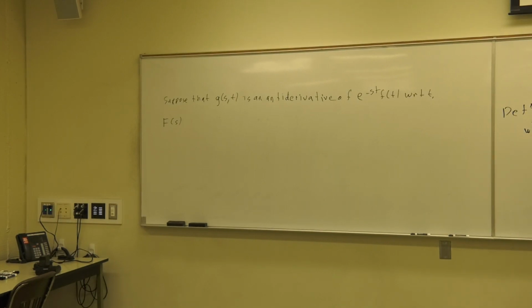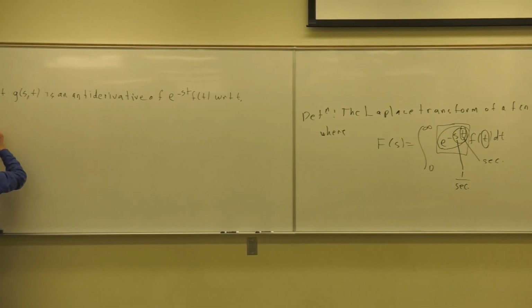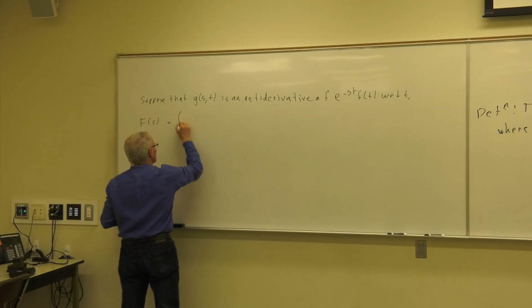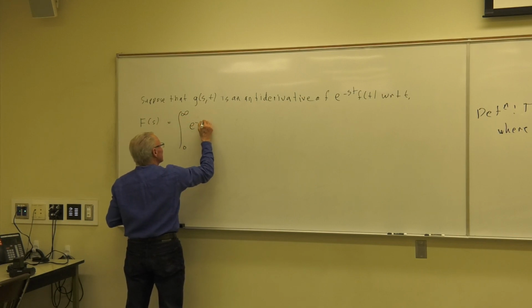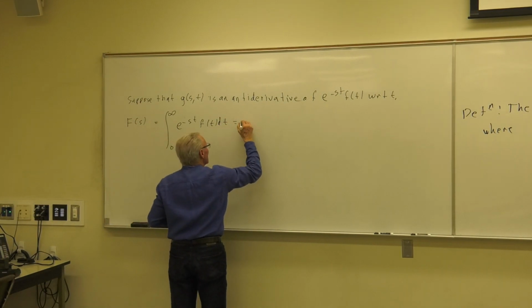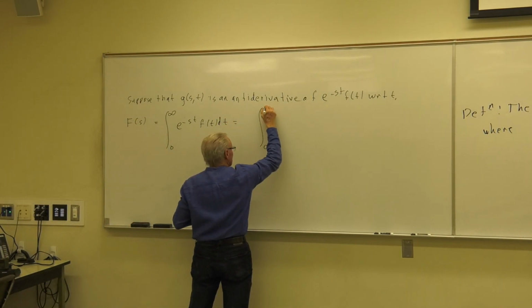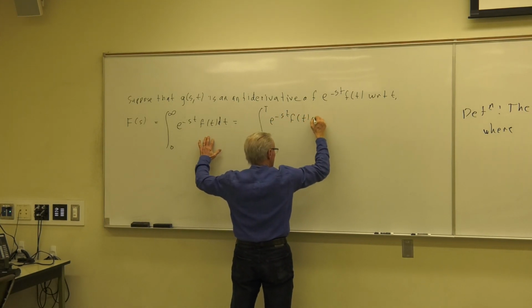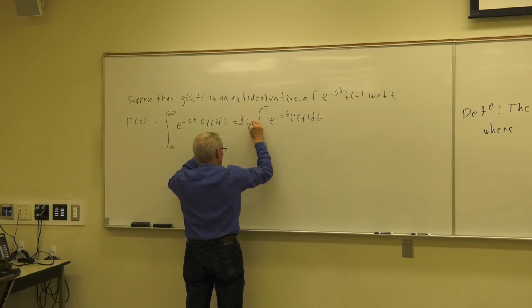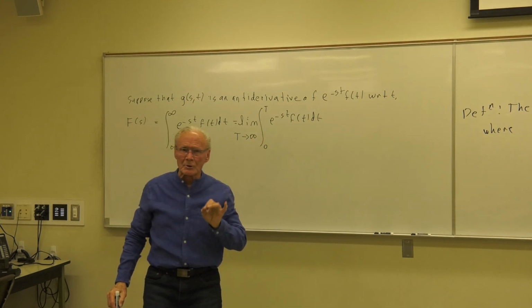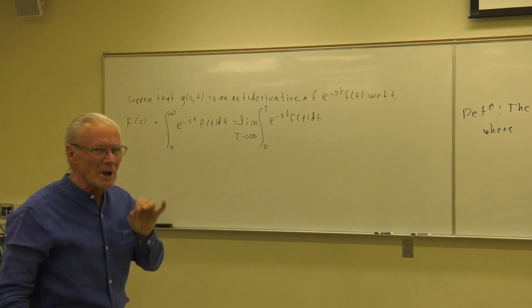Then what we would write, by definition, what you mean by the integral from 0 to infinity of e to the minus st, f of t dt, is integrate from 0 to capital T of this same thing, and then you take the limit as big T goes to infinity. That's the way improper integrals are defined.